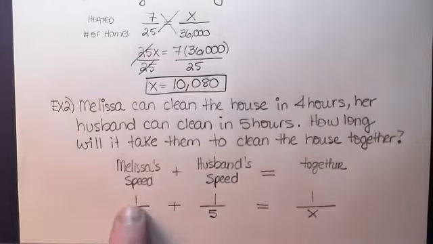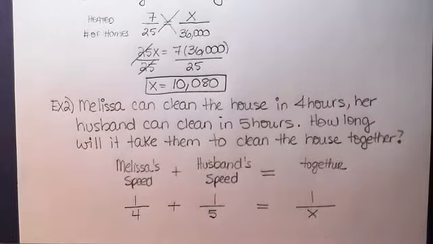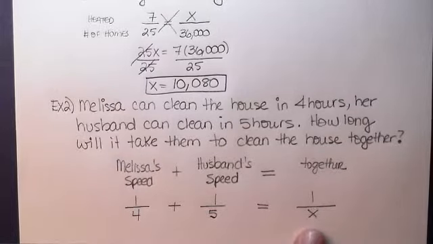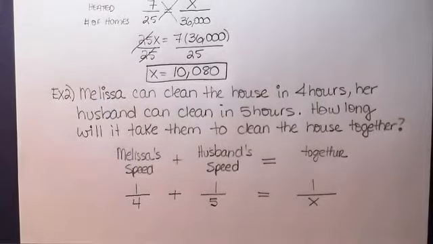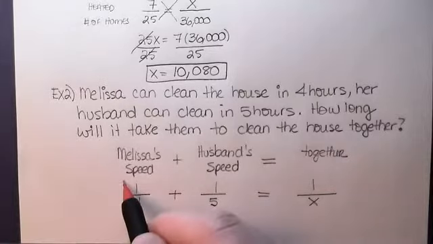So this would be the job, and this would be how fast they do it. So the question is, the speed of the wife plus the speed of the husband will give you the speed of them together. So if you notice here, I have an equation with fractions or rationals.